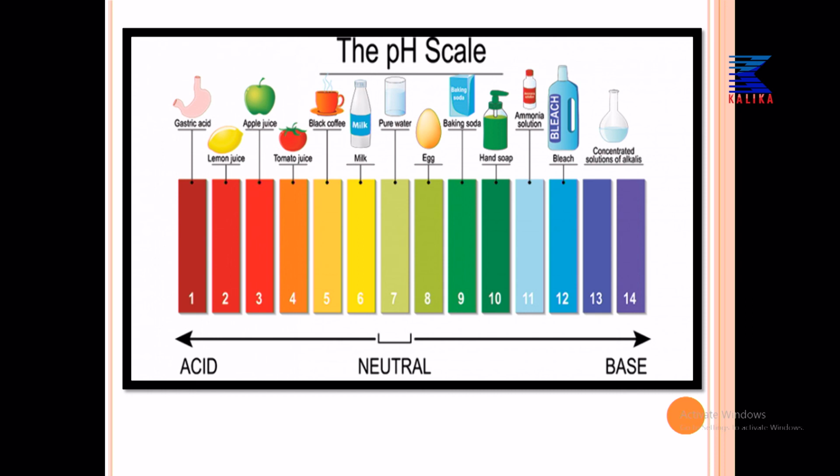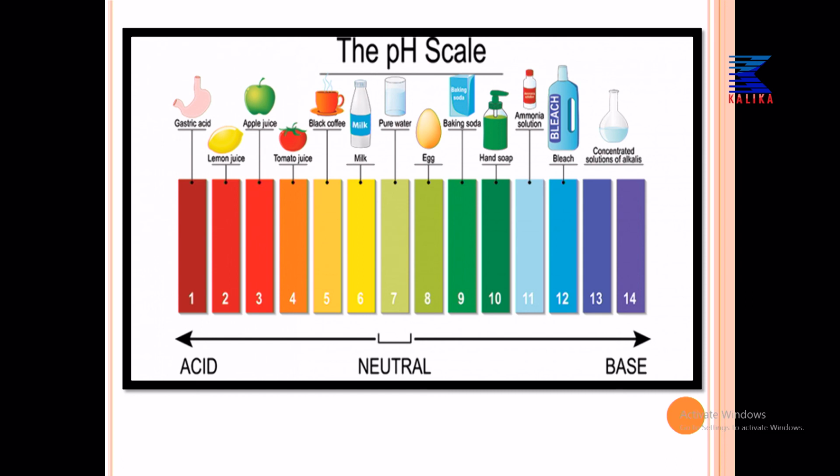Next one goes to lemon juice which we use, then apple juice, tomato juice, black coffee, it is still acidic, it has pH 5. Similarly, milk contains acid and the pH ranges to 6.